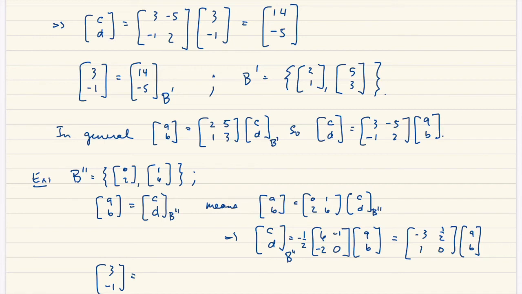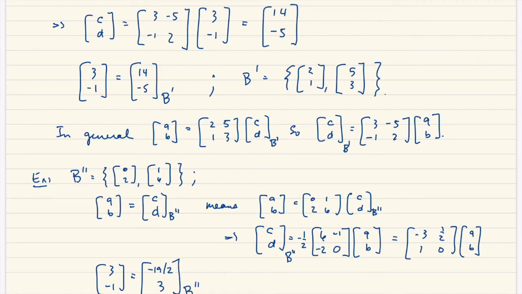I want to be consistent with my notation here. But if A was 3 and B was -1, then what we'll get when we take this product would be -9 minus 1/2, so that's -19 halves. And if A is 3 and B is -1, then we're going to get, let's see, 3 times 1 plus 0, so 3.